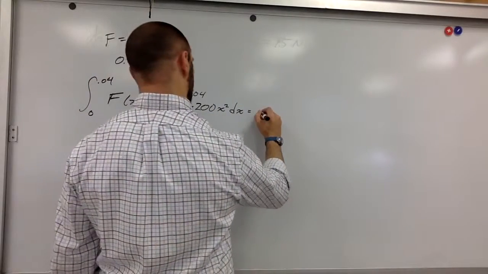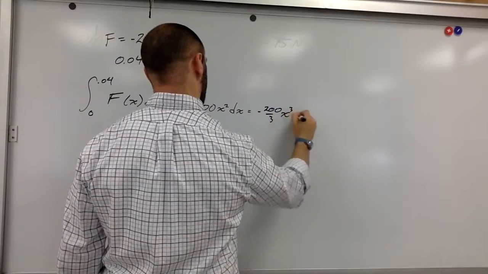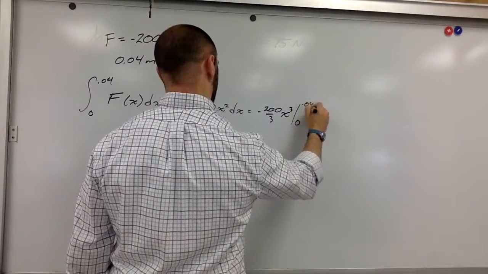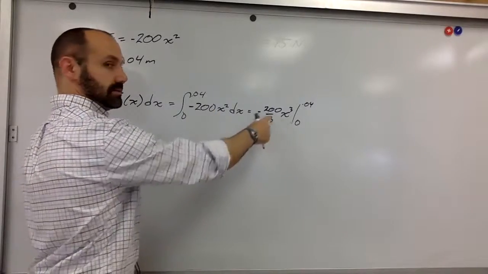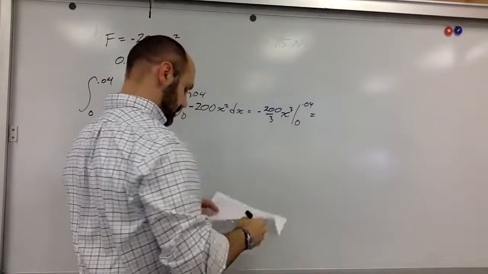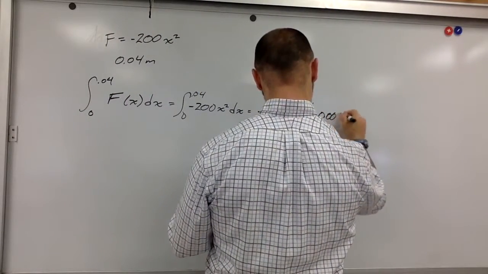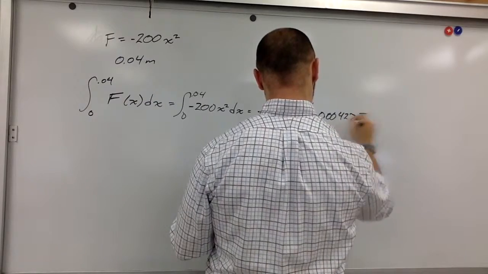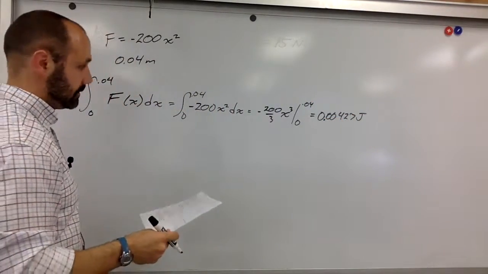And so this ends up being negative 200 over 3 x cubed, 0 to 0.04. Right? This would be the derivative of this, so we've got to work backwards. So this ends up now becoming 0.00427 joules.